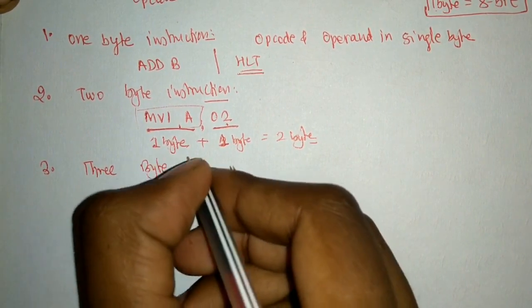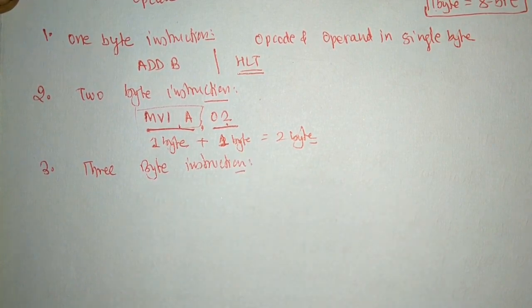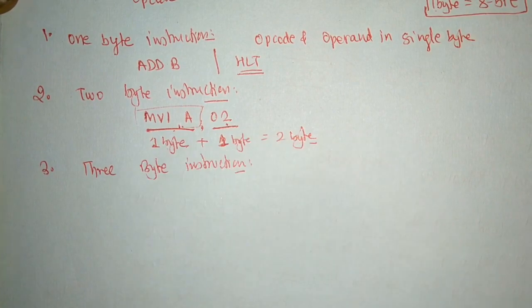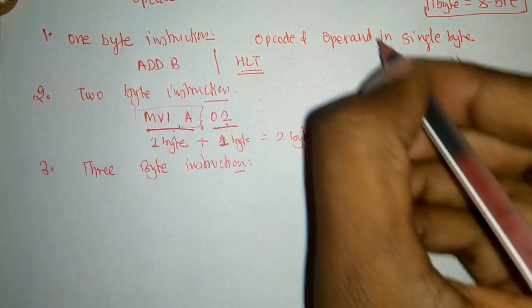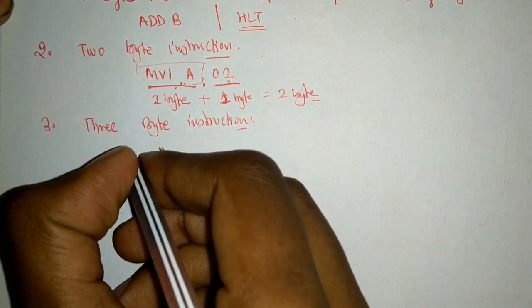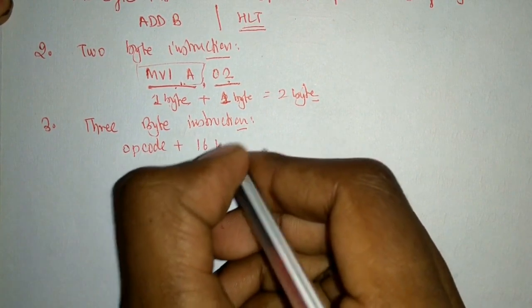Third, I can have a 3 byte instruction. Obviously I don't need to explain much about it. Earlier there was opcode plus operand, and there was only opcode in the 1 byte case. In a 3 byte instruction, I will have opcode plus 16-bit data.